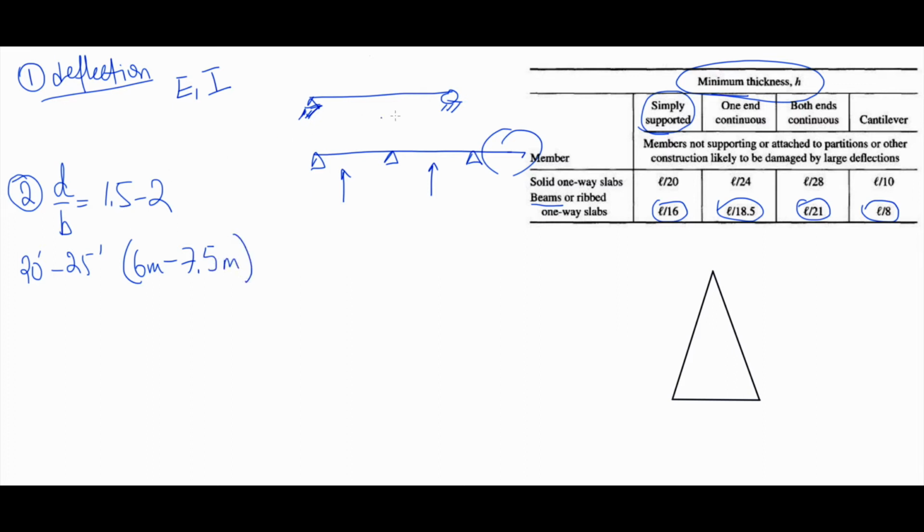So if I get h by using these formulas here, and I subtract the cover from h, I will get d, and then by default I will get b if it is a normal span. If the span of the beam is more than 8 meters, we will change the D to B ratio to be 3 to 4.